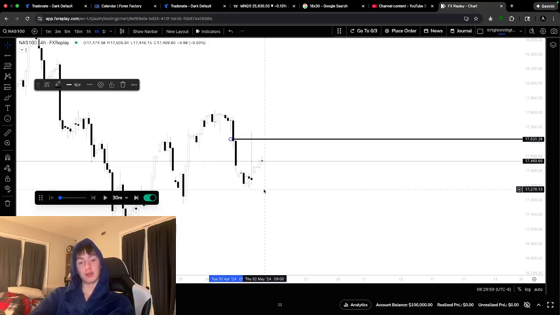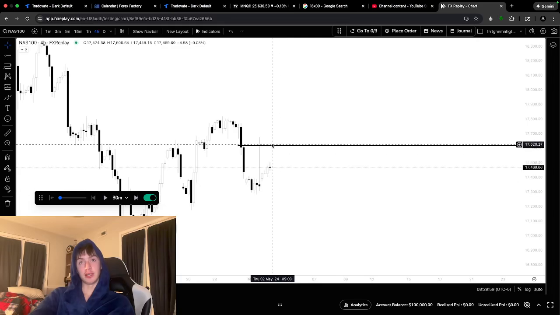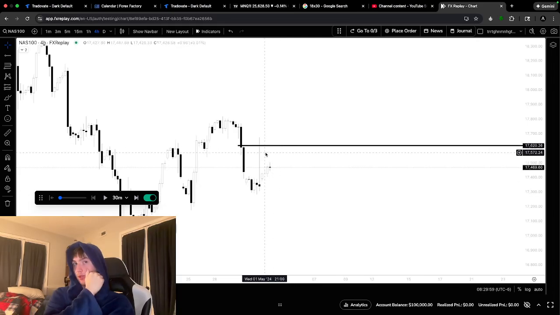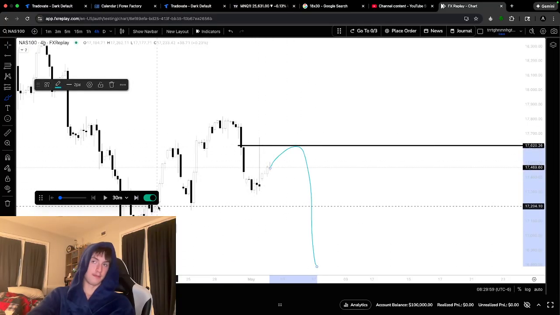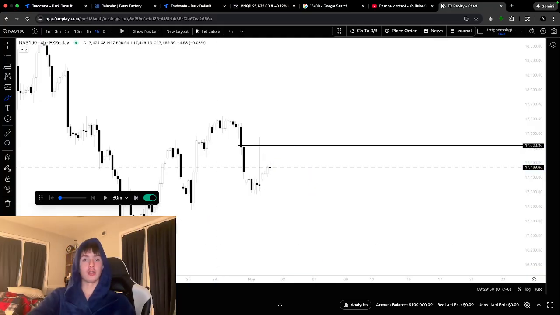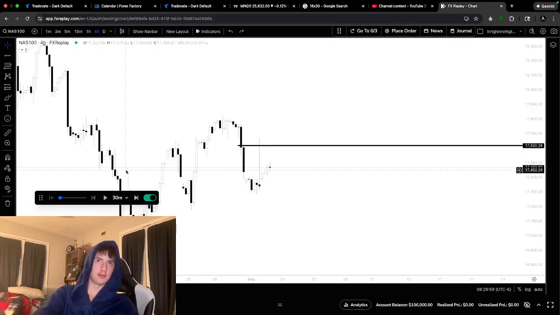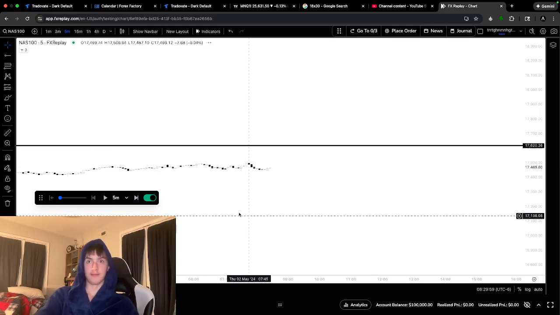But we might come up again and retap it. That's what price likes to do sometimes. I could be wrong. The bias is just a general direction that you think it might go.